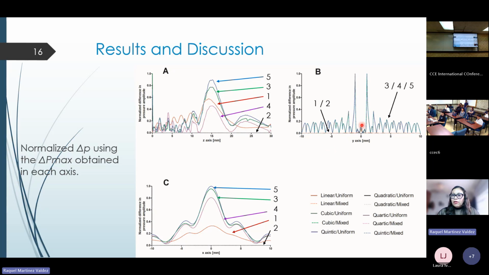Here we can see also that for the linear and the quadratic solutions, the difference is almost zero, except for the amplitude variation that is in zero. Still, for all solutions, most of the variations are lower than 0.2.